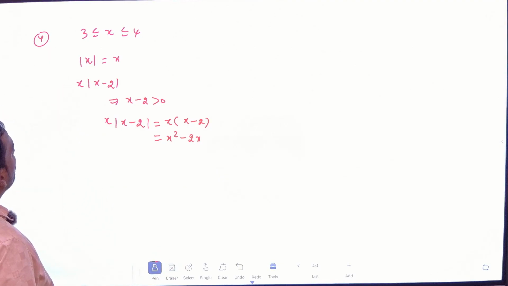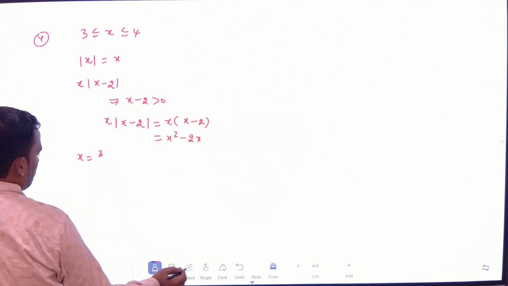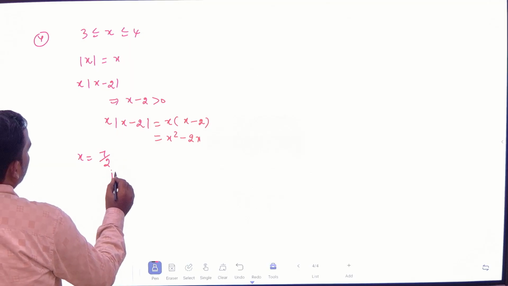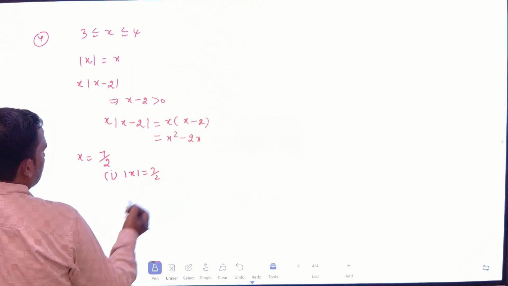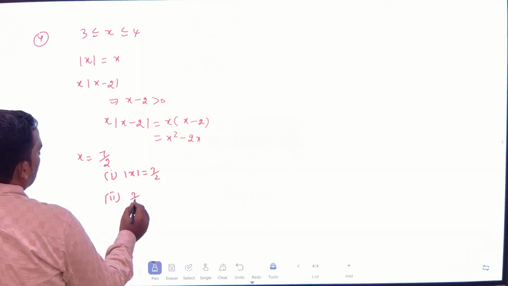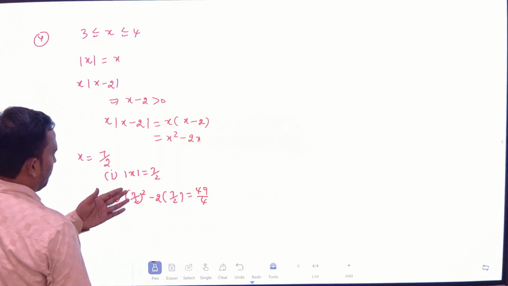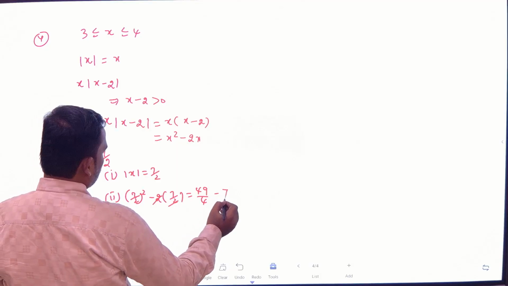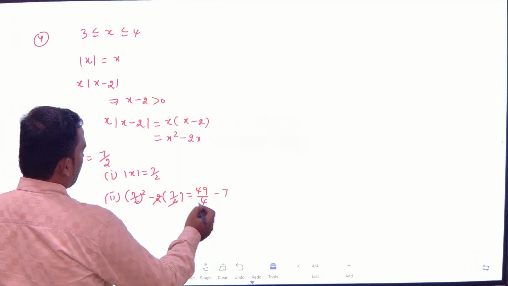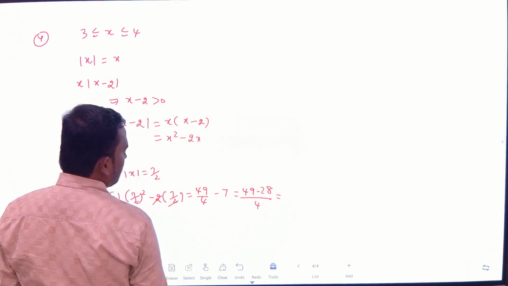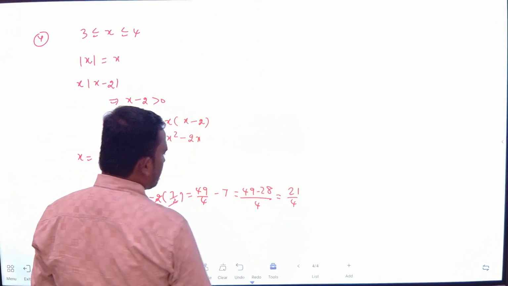Clear? Let us take one simple number. Let's take 3.5, that is 7 by 2, right? Let us take x is equal to 7 by 2. In this interval, first one is mod x equal to 7 by 2, there's no issue. Second one, you can substitute 7 by 2 whole square minus 2 into 7 by 2, it is 49 by 4 minus 2 times 7 by 2, cancel, then 49 minus 28 by 4, this is 21 by 4, right?